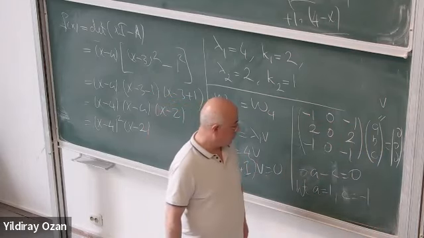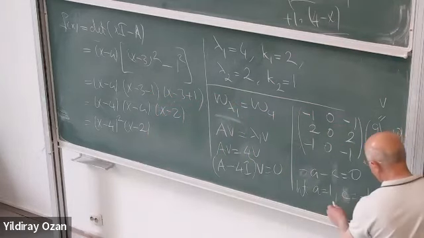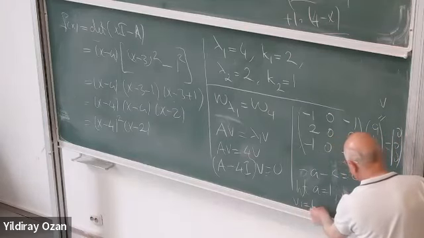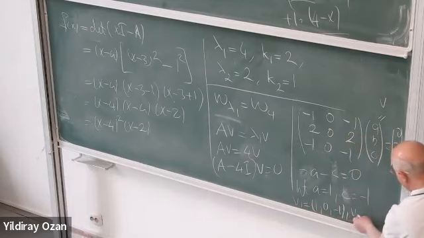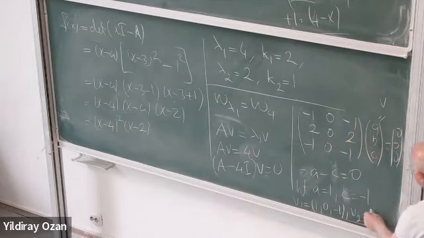So this is one solution. I can just let v1 be 1, 0, minus 1, for example. For v2, another solution, I can just choose a equals 0, b equals 0. No, sorry, c equals 0 and b equals 1. So 0, 1, 0.